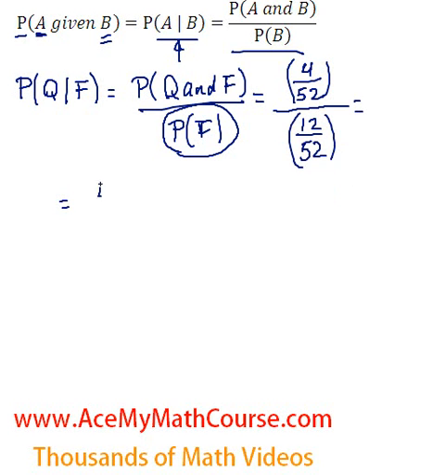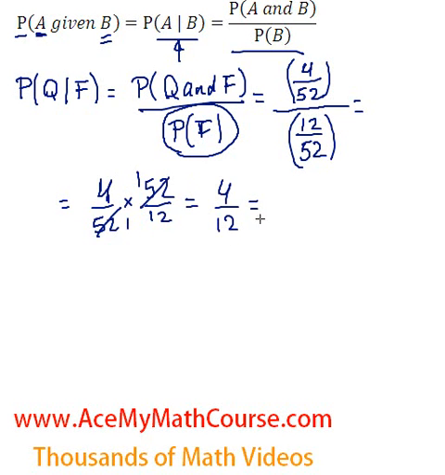And now we can simplify this. 4 out of 52 divided by 12 out of 52 is equivalent to 4 out of 52 times 52 over 12. So you can just flip the bottom fraction. These cancel out. You get 4 out of 12, because these cancel out, they become 1. 4 times 1 is 4, 1 times 12 is 12.